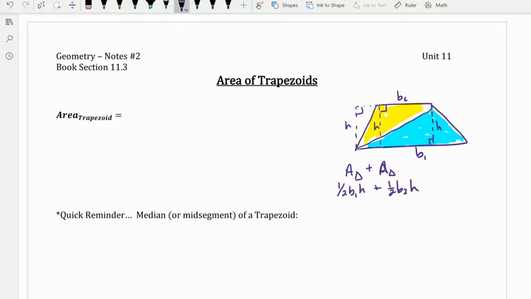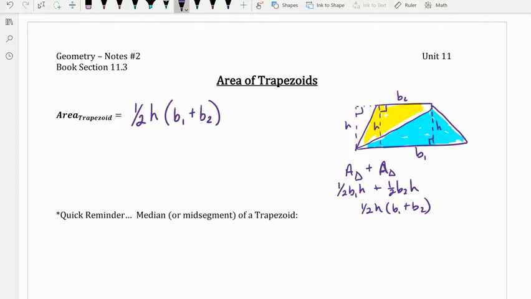They both have a 1/2 and they both have a height, so I can factor out the 1/2 and I can factor out the height, and then all that's left is base 1 plus base 2. So there is our formula for area of a trapezoid. It is 1/2 times the height times the first base plus the second base. Okay, and if the explanation of why doesn't make sense, that's okay. As long as you know the actual formula, that's all you got to know here.